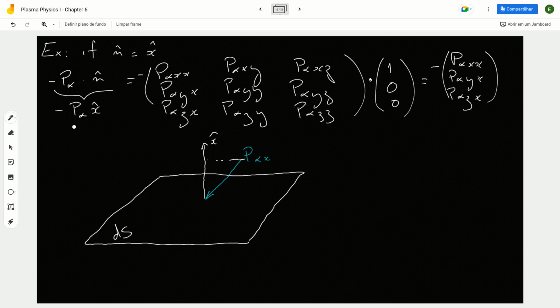This is P alpha xx. Then you have the other two. Maybe it's like this: this is z, and this is y.